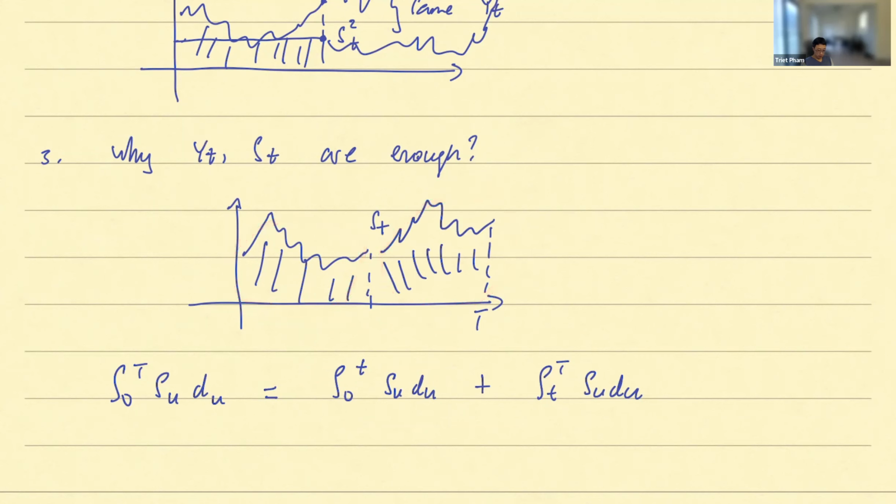Now, this area right here is completely known by the given information. This area right here, though, is allowed to be random because that's future information. But to generate this future random scenario, what do I need? Well, I only need the starting point.